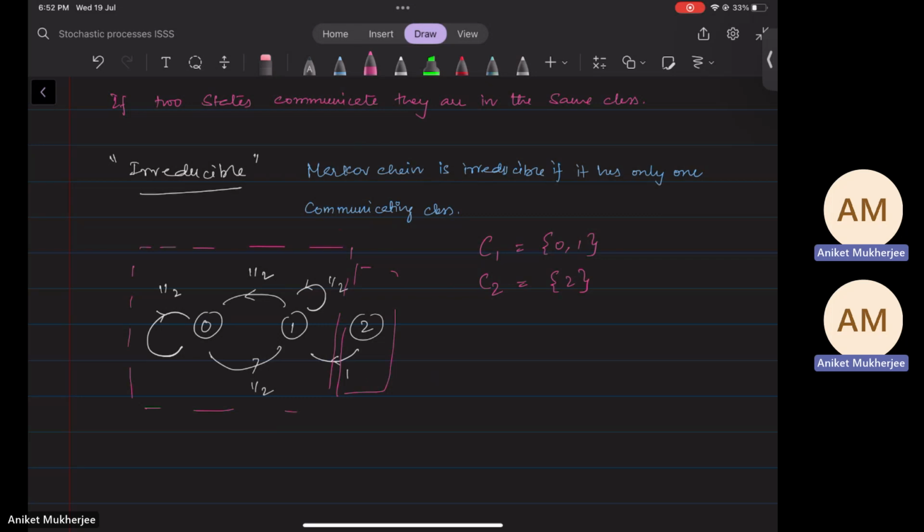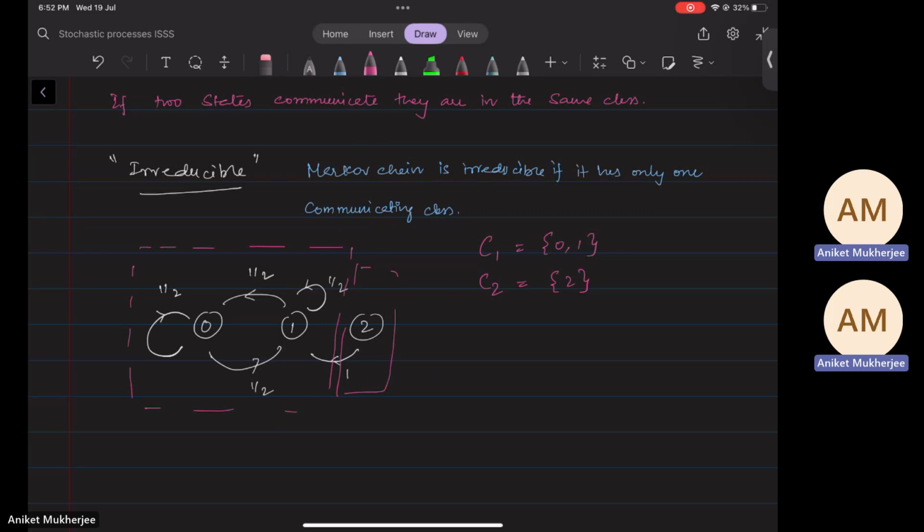So if you show that one state follows this property, then all the states which communicate with that state, all the states in the same class, will have the same property. So you need not prove it for all the other states. You just need to show it for one state and you're done for the whole class.